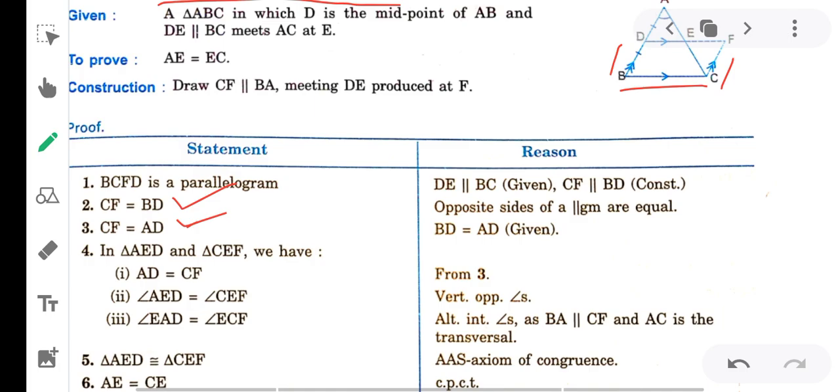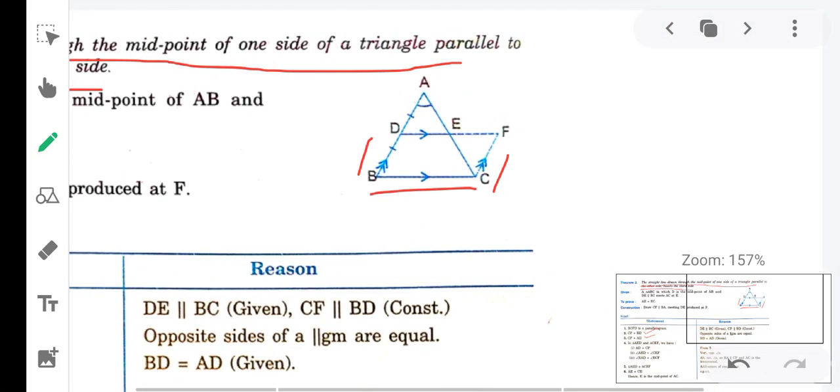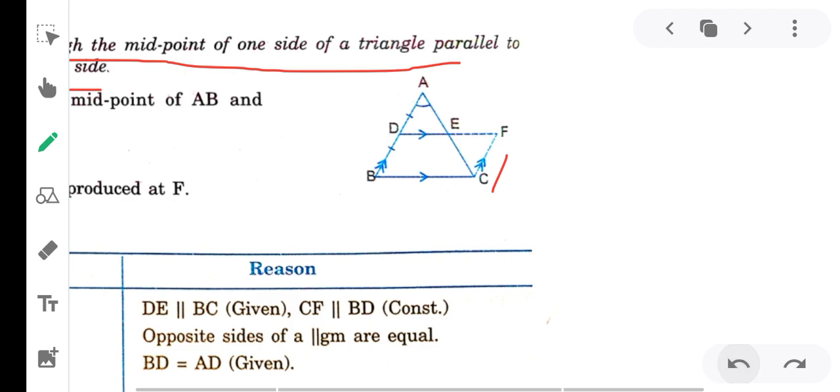Clear? Now in triangle AED and triangle CEF, AD equals CF because CF equals BD and D is the midpoint, that means BD equals AD, so you can write CF equals AD. Clear? Then angle AED equals angle CEF, these two angles being vertically opposite angles.